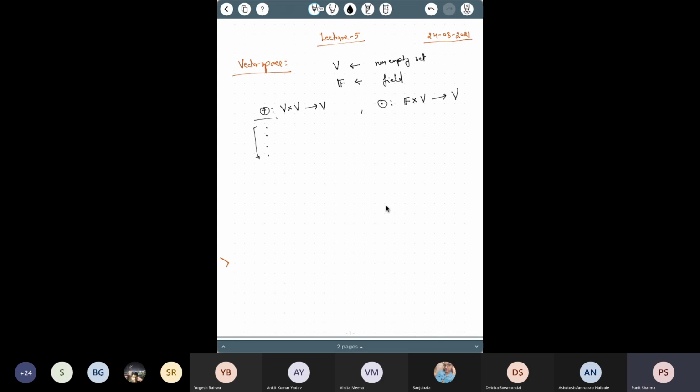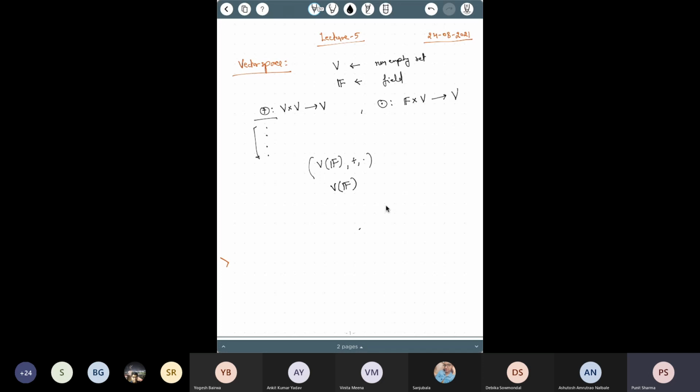To denote a vector space, we use the notation V over F with these two operations. When the operations are obvious from the definition, we can just write V over F. Sometimes we don't even write the field, and just use V as a vector space when the field is well defined and understood.